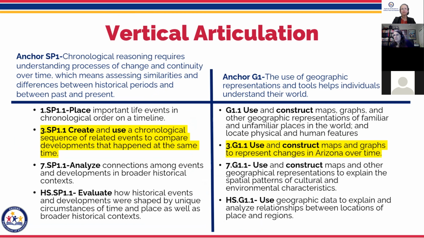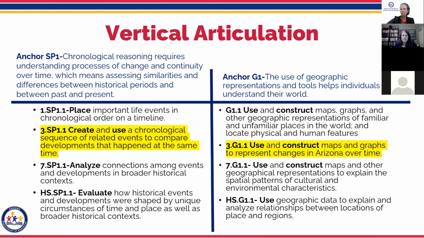And then, am I doing vertical articulation as well? Yes. So vertical articulation. Let's take an example of how it articulates from the K-2 band all the way to high school. We picked 2 anchor standards to show you. In anchor standard 1, we're looking at chronological reasoning, and we're looking at change and continuity over time, similarities and differences between historical periods, past and present.